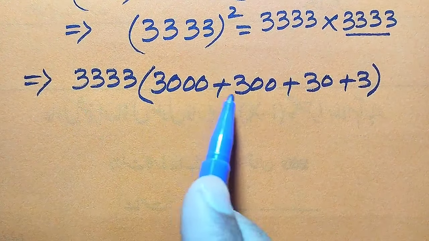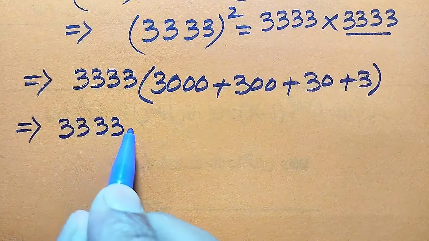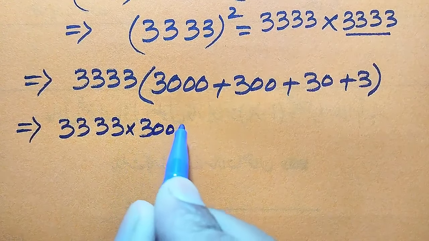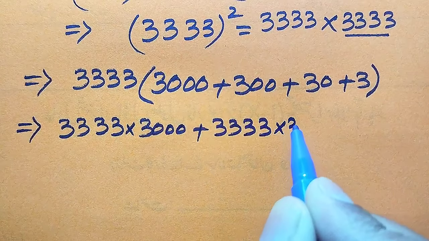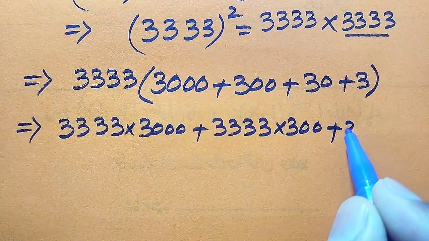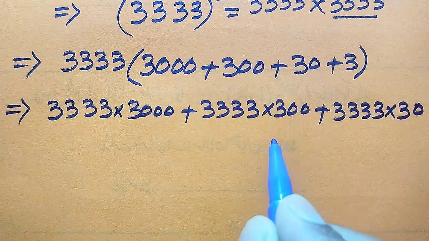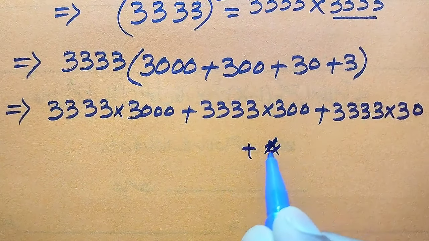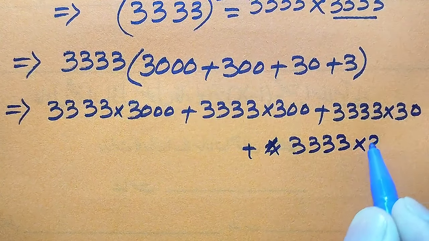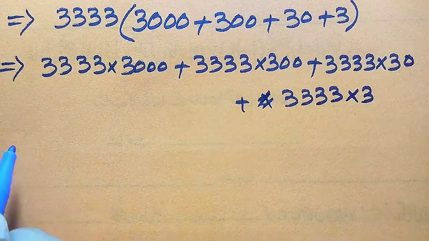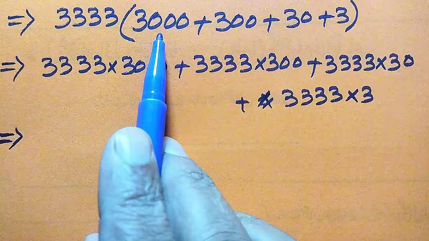Now we multiply the number 3333 on each of these values separately: 3333 multiplied by 3000, then 3333 multiplied by 300, then 3333 multiplied by 30, and at the last 3333 multiplied by 3. All of these multiplications are very simple when we convert our expression into this form.